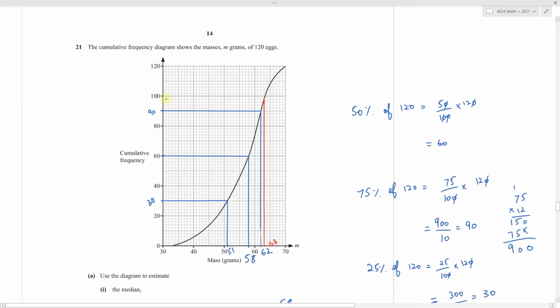And this is 99. So cumulative frequency here is 99, and you're looking for eggs that have a mass greater than 63, which are in this window here. So this is 120 minus 99.